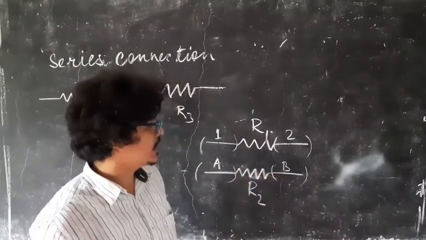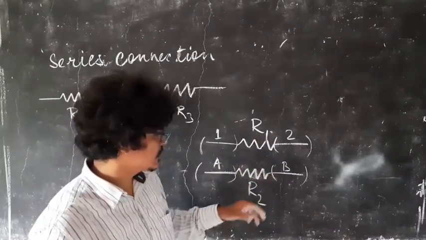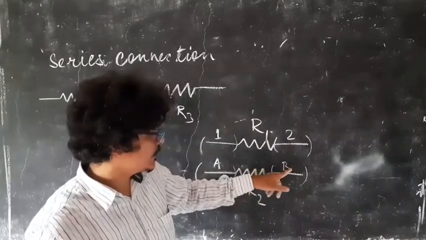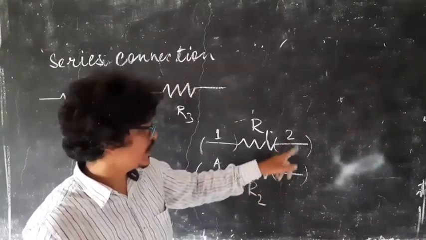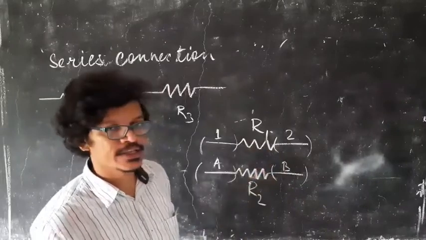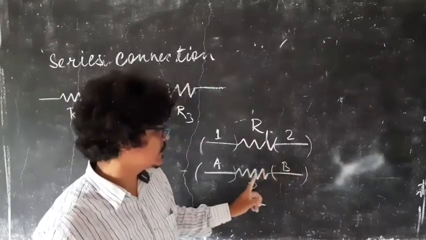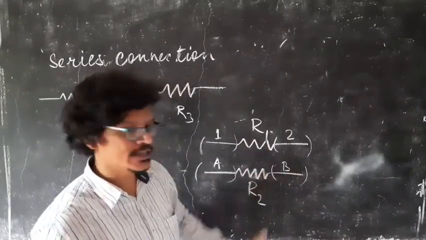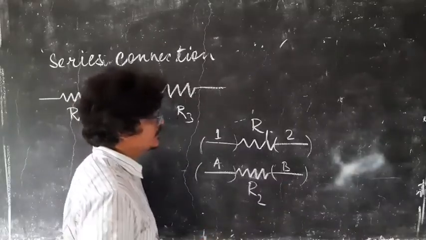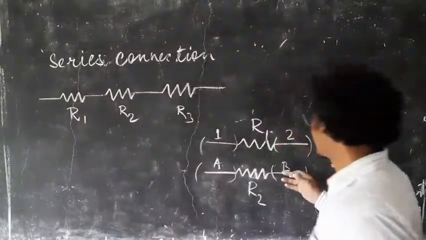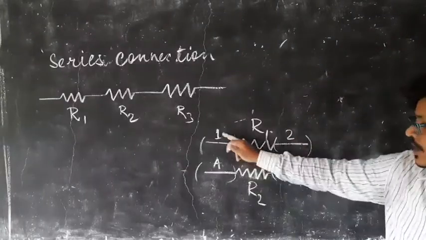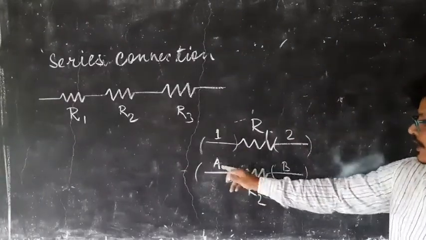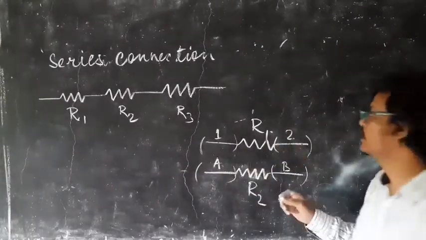So how can we identify or connect in series? Either we join 2 and B. If you join 2 and B, then it will be series because the leg of one resistance is connected to the leg of another resistance. You can join 2 and B or 1 and A, or A and 2, all are basically the same thing.